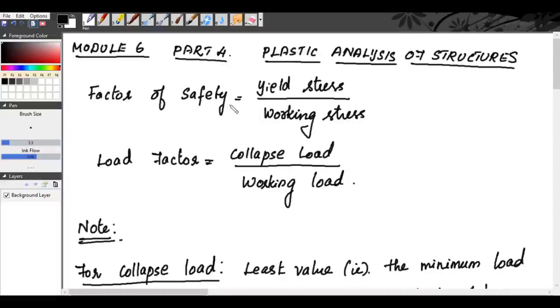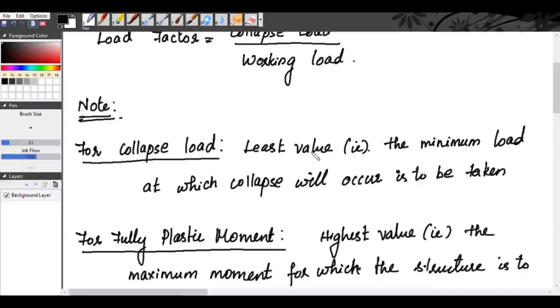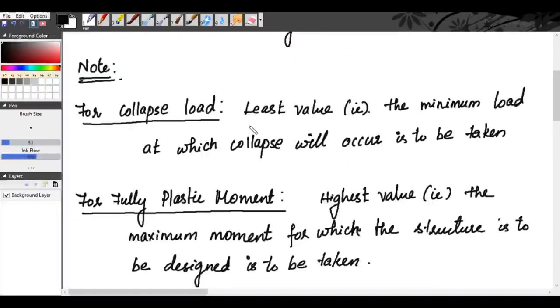So factor of safety is nothing but the ratio of yield stress to the working stress, and load factor is the ratio of collapse load to the working load. Now, while solving the problems, you have to keep in mind these two important things.